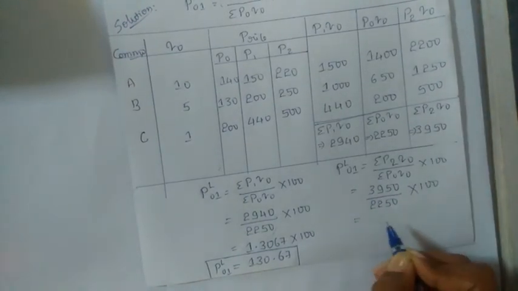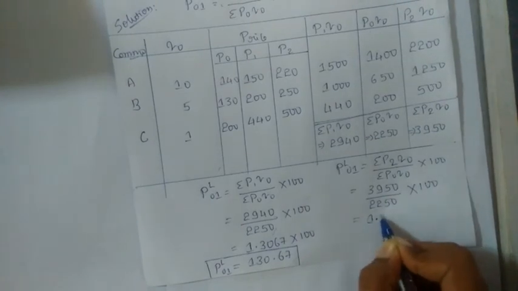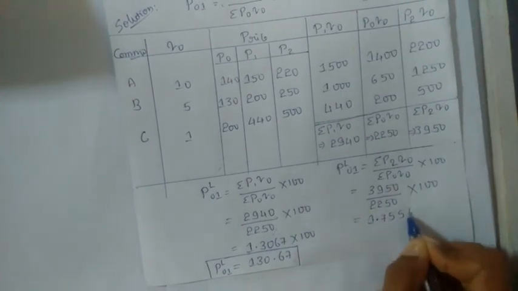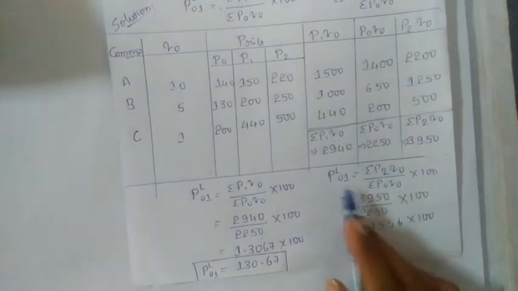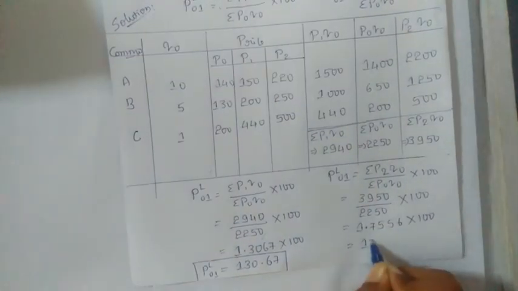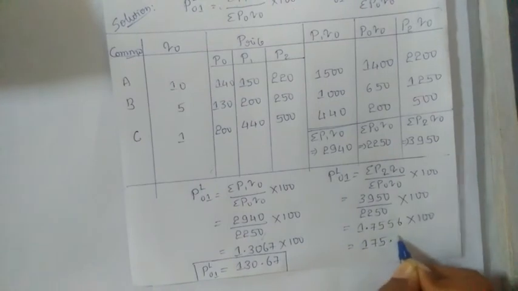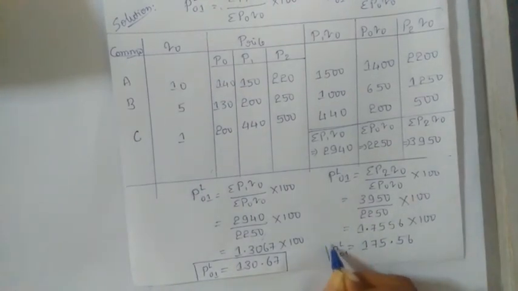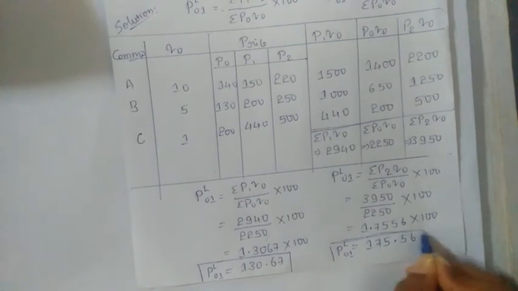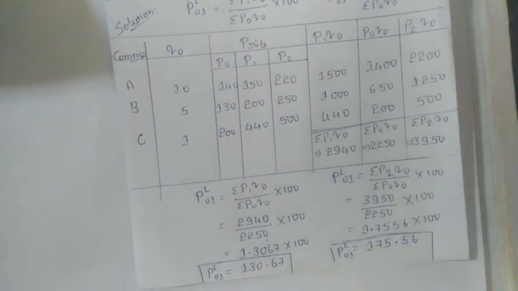So here 1.7556 into 100. So the value of the Laspeyres price index number is 175.56. This is the Laspeyres price index number.